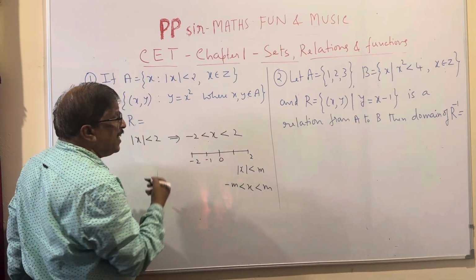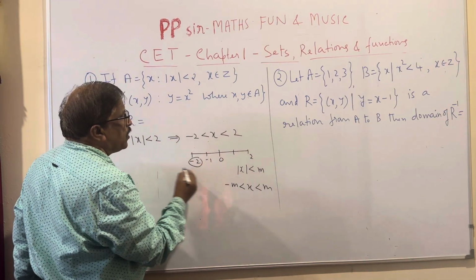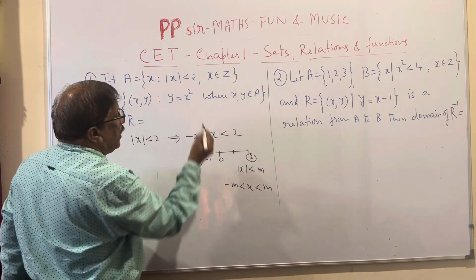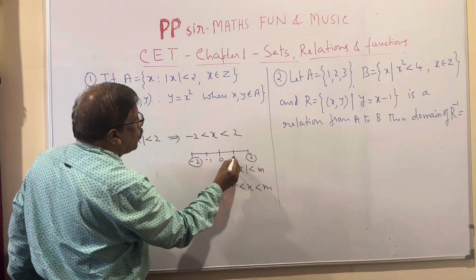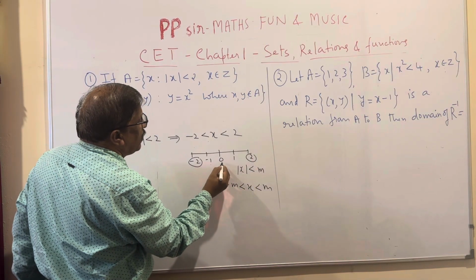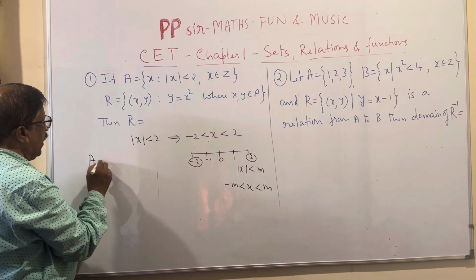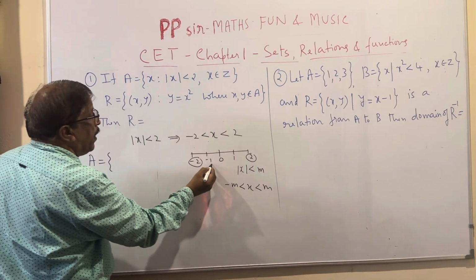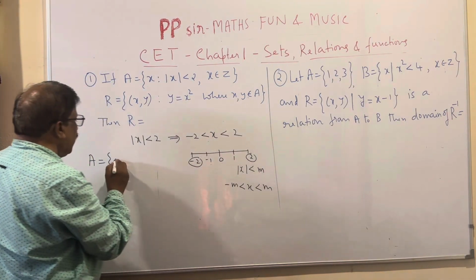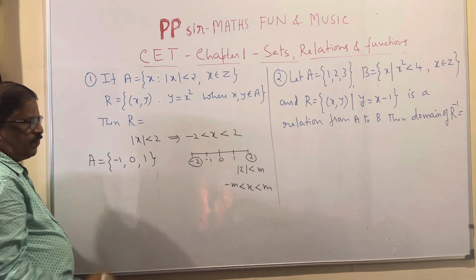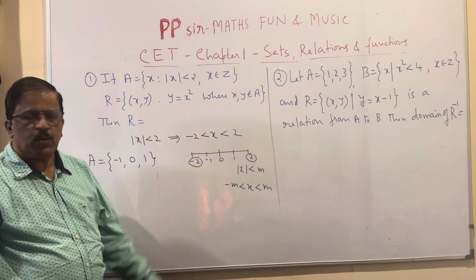But it's strictly less than. So I can't take minus 2, I can't take 2, and they are integers. I have to take only integers, so I can take the values of minus 1, 0 and 1. So the elements of A are minus 1, 0 and 1. That's the meaning of mod x less than 2.